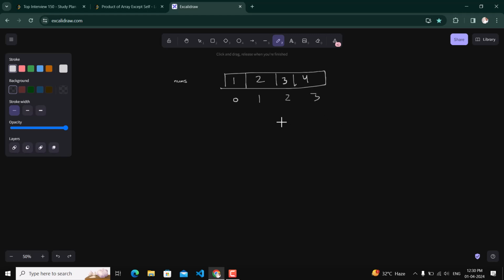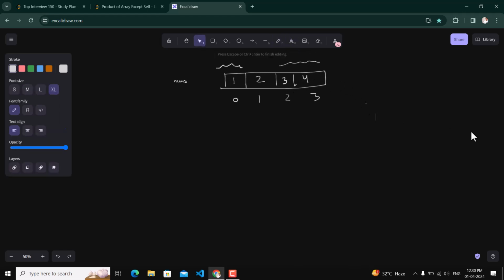If we want the answer for a particular index, then we want the product of the elements before it and the product of the elements after it. So if we want to calculate the answer for the first index, we want the product of its previous indexes and the product of its later indexes.